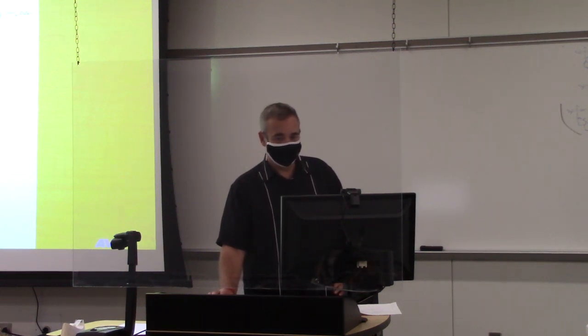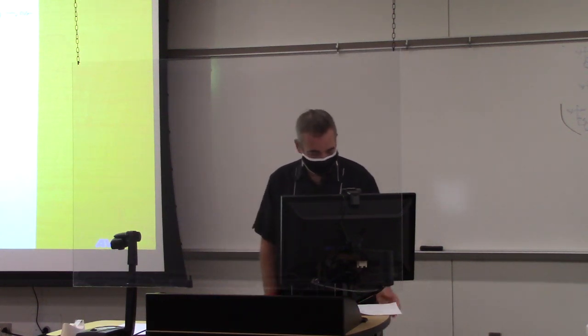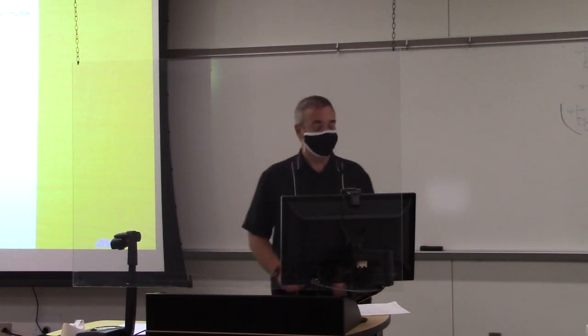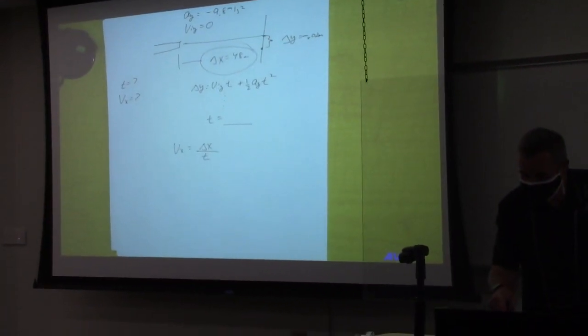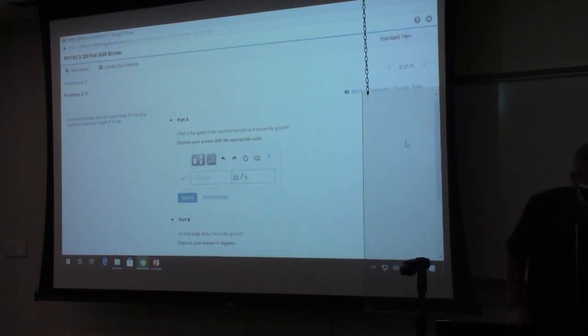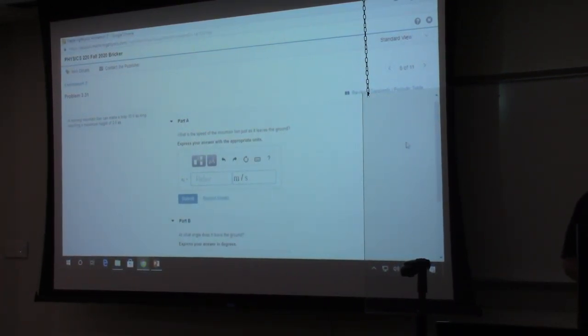So this one is another one here. Let's write down what we know. A mountain lion can make a, oh, sorry. Thanks, Rick. Okay. So a mountain lion can make a leap of 10 meters long, reaching a maximum height of 3 meters.